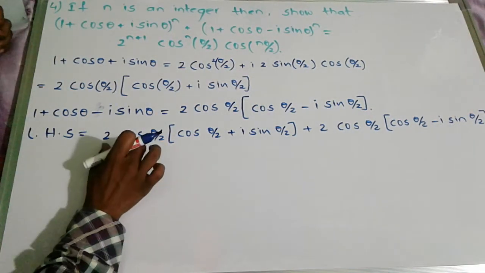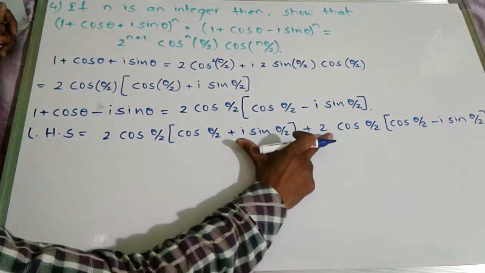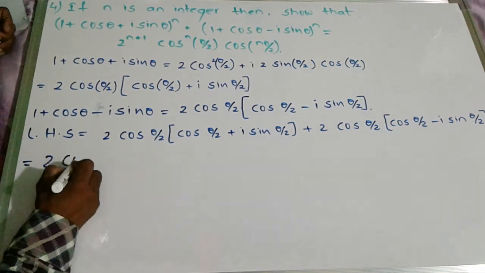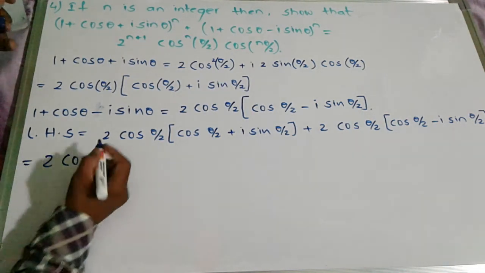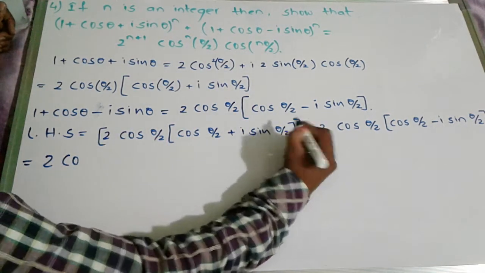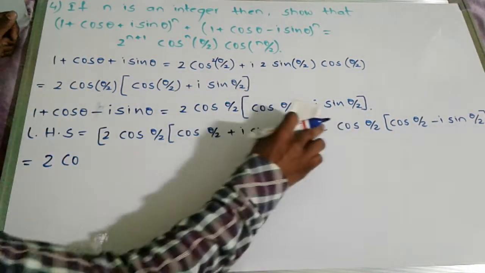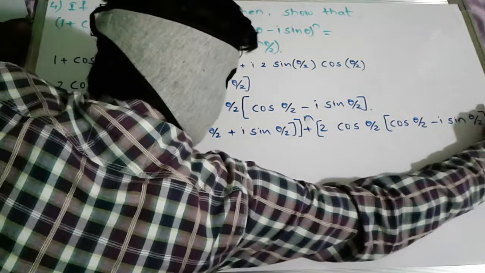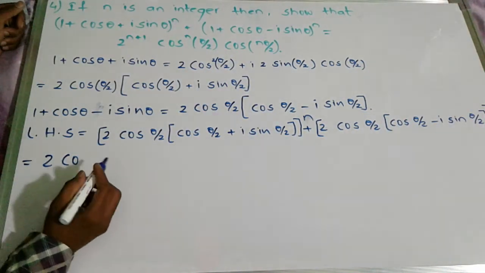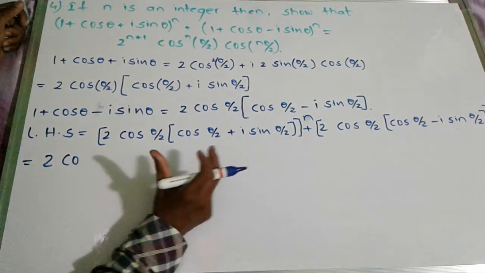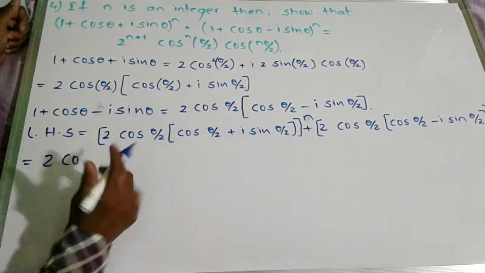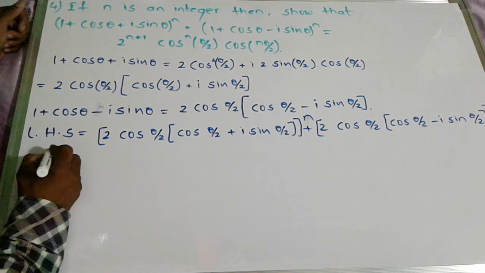So I am taking 2 cos θ/2 common from these two elements. So we get (2 cos θ/2)^n, we have whole power n here, and here also we have n. So in this part we have to apply de Moivre's theorem, right?